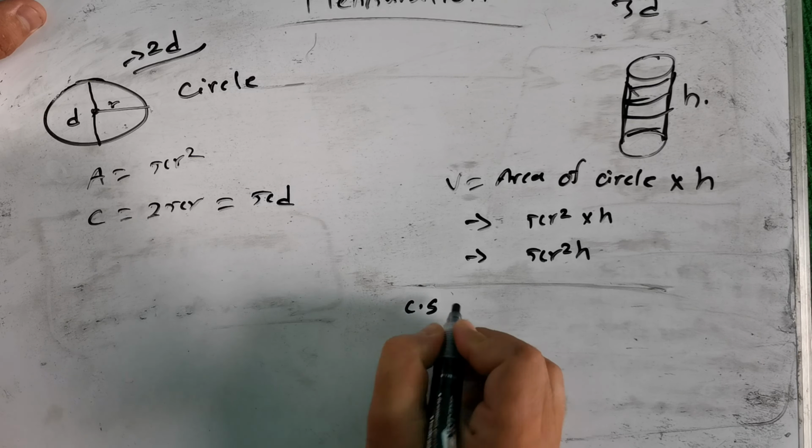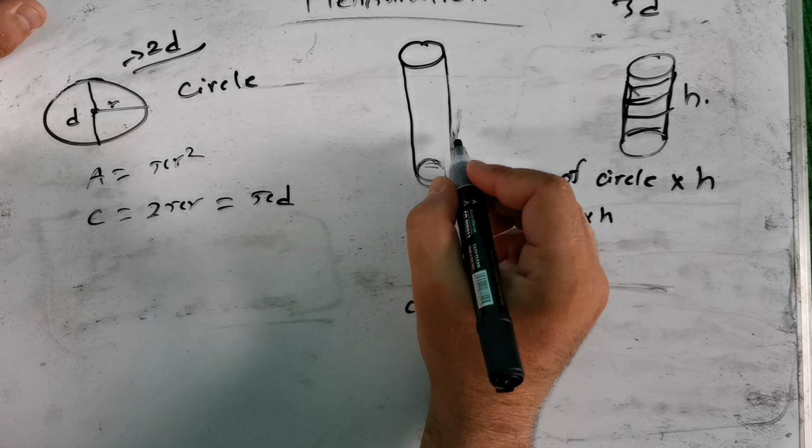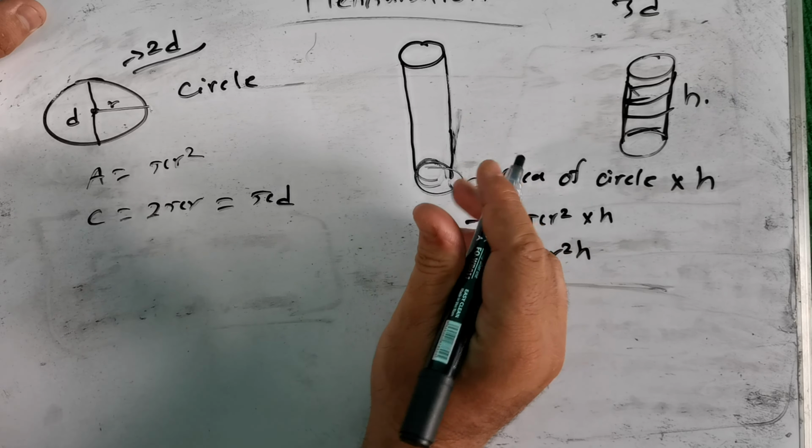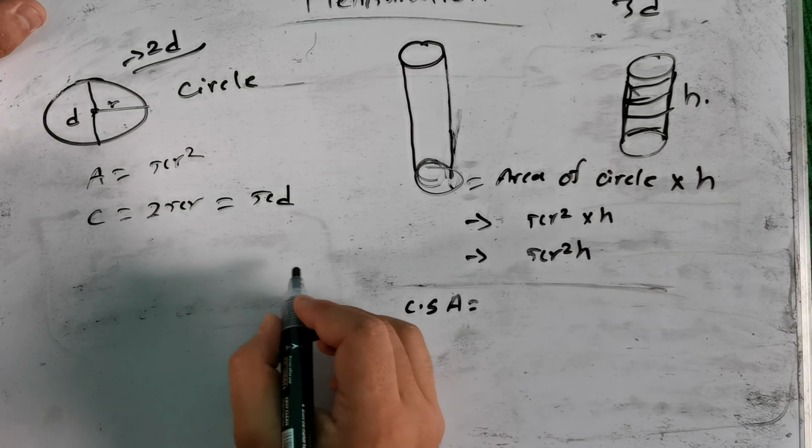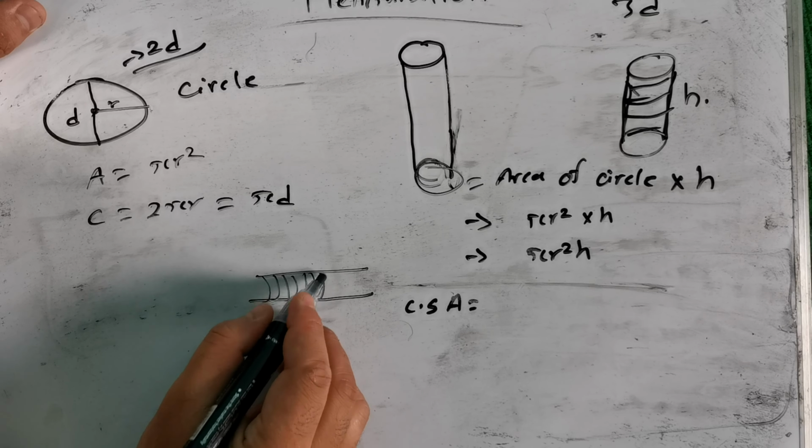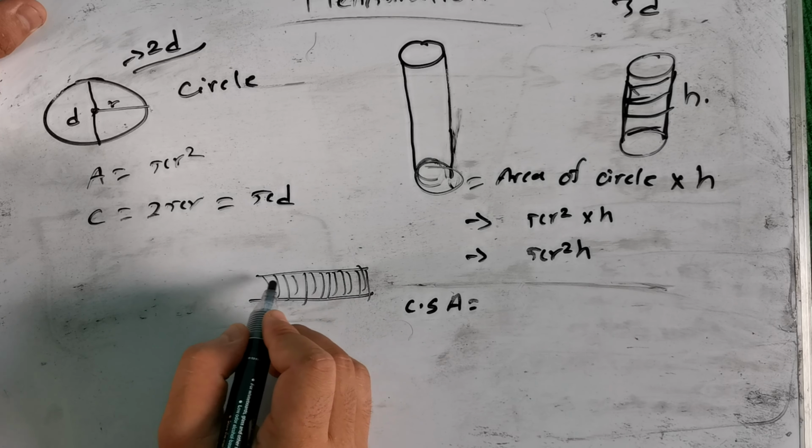And curved surface area. What do you mean by curved surface area? This is the upper part, that is a circle. This is the lower part, that is also a circle.